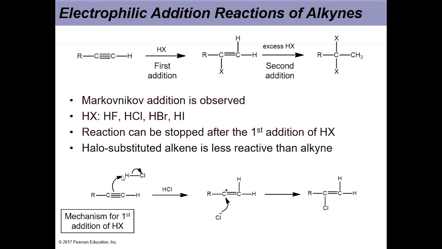At the same time, the bond between the hydrogen and the chloride, in this case, or it could be any halogen, breaks, in which the chlorine will take both electrons away. So this will take one equivalent of HCl to undergo this so-called electrophilic addition. The result is this carbocation intermediate.